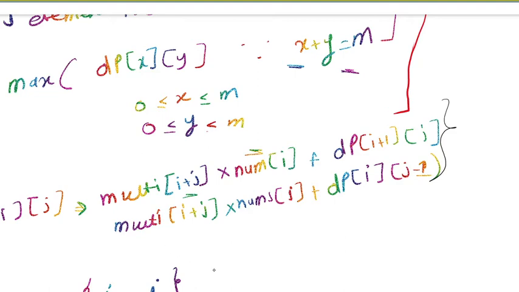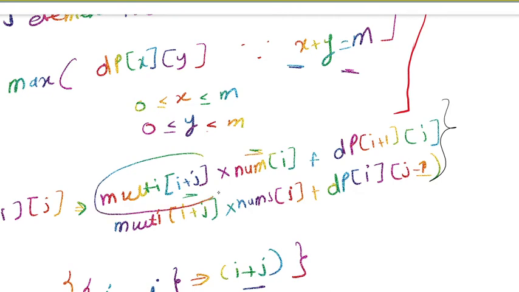So what does this suggest? You have already picked i plus j elements, so you have already gone by i plus j steps, right? So essentially, you have to pick this one. So you are at multiplier i plus j. This is how it is coming. So you have to pick the first element or the last element, and this is the subcase, right?